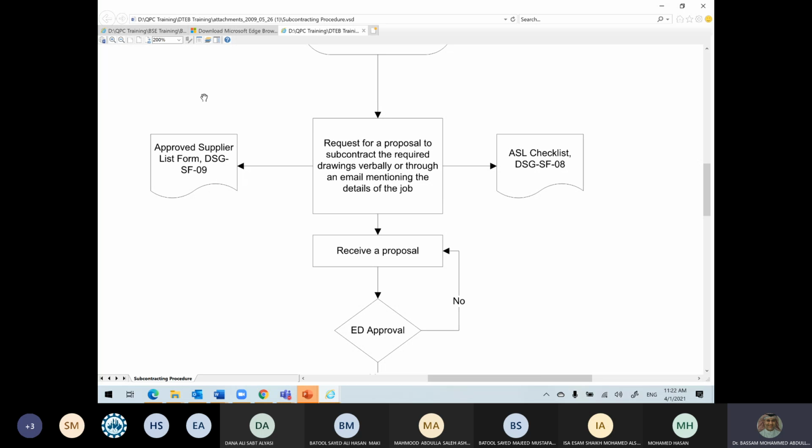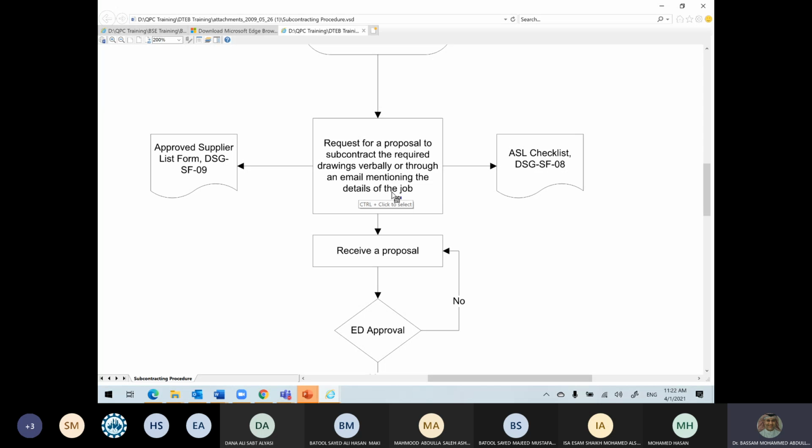So I have an approved supplier list where I'm going to select from them to send my proposal, or to request from them the proposal. And I also have a checklist which tells me what I need to include in the details of the job, so that when I send a request for the proposal, I did not miss anything.